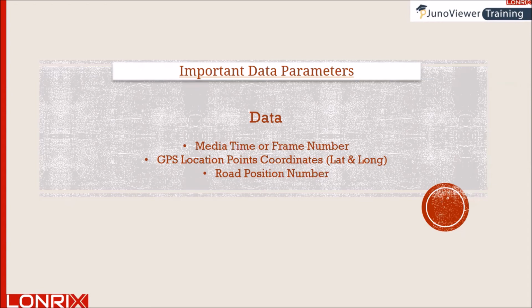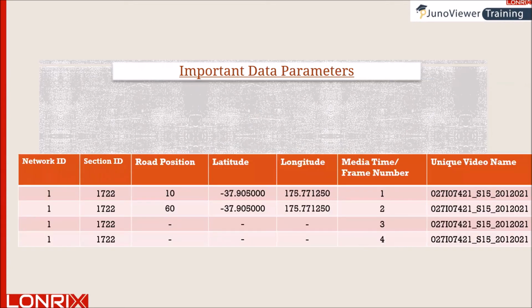As well as that, media time or frame number. So as you record the video, it would have an associated media time or frame number, and we could work with both of those.